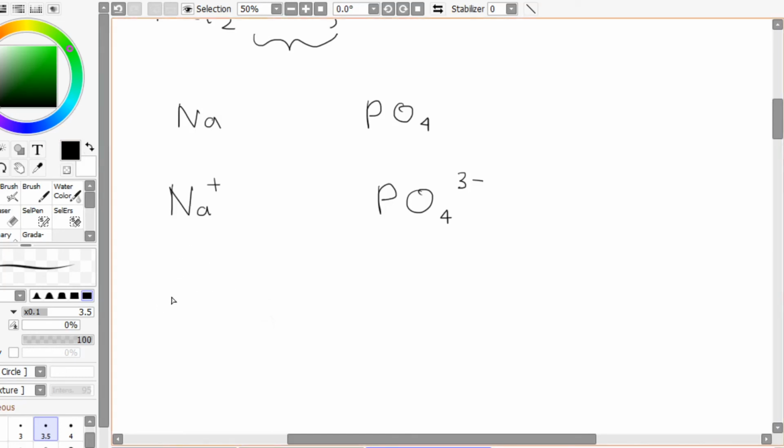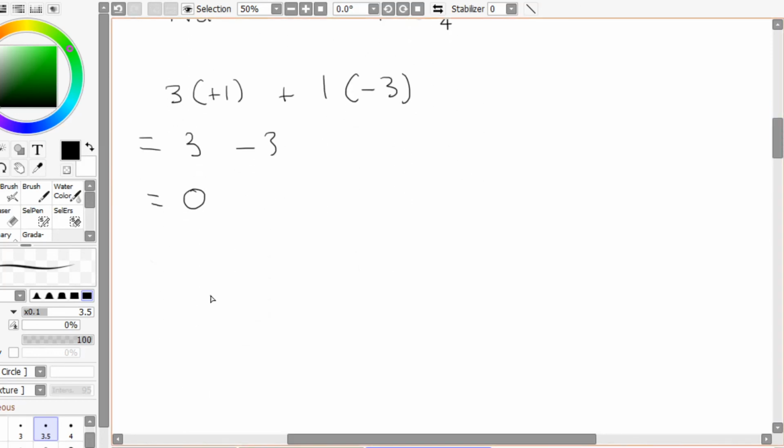So what we can do is we can have 3 of that positive 1 from the sodium plus 1 of the negative 3 from the phosphate, and then 3 minus 3 equals 0. The chemical formula for sodium phosphate is going to be then Na3PO4. So we have 3 of the sodiums and we have 1 of the phosphate.